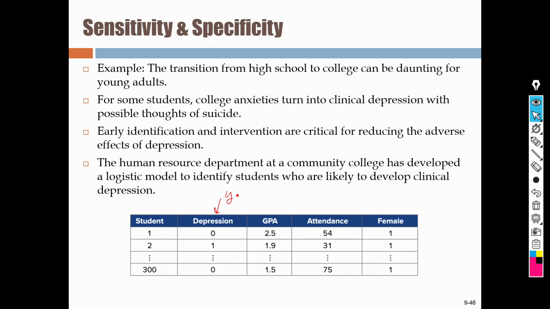So early identification is critical to reducing the depression. So we want to find out using the GPA and attendance and female or male. Again, male or female, you cannot have both of them. Because if this is a 0, it automatically means that's a man.